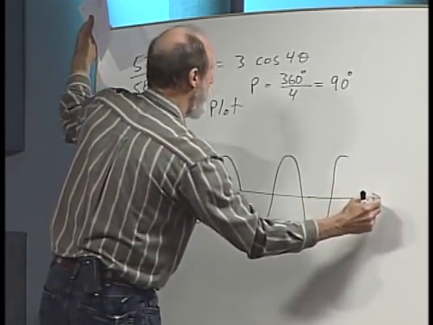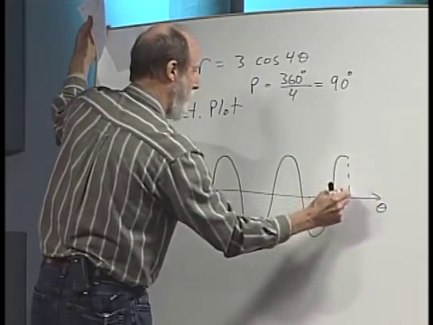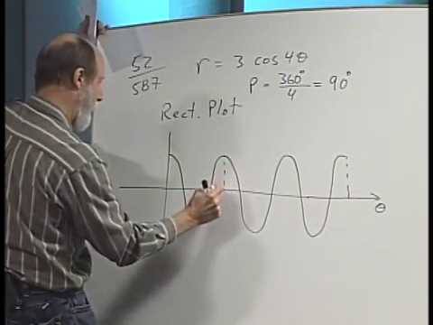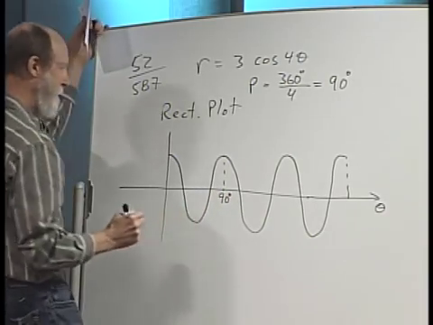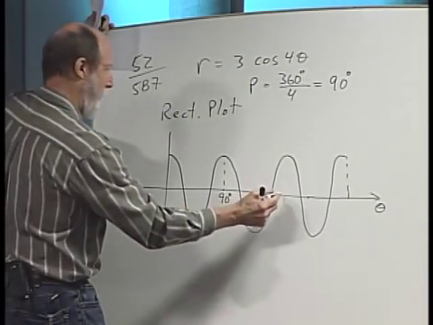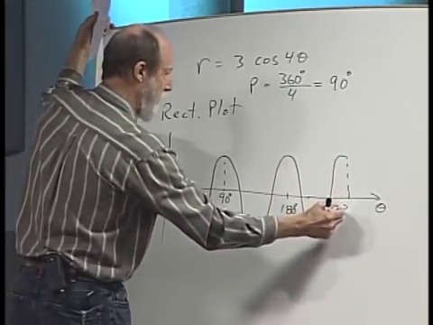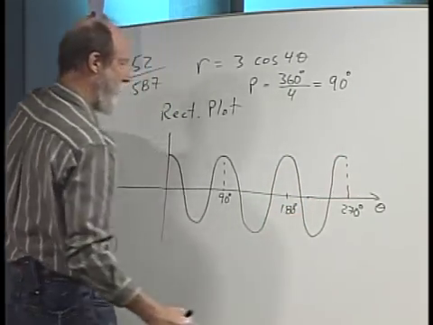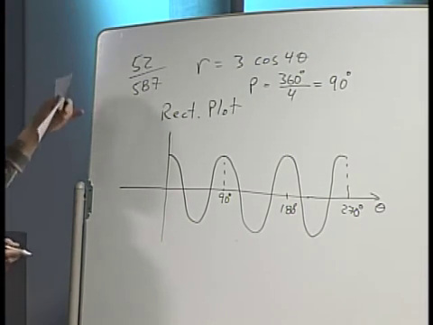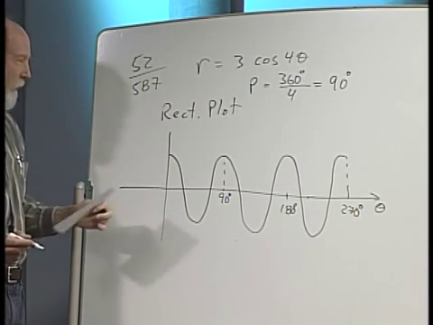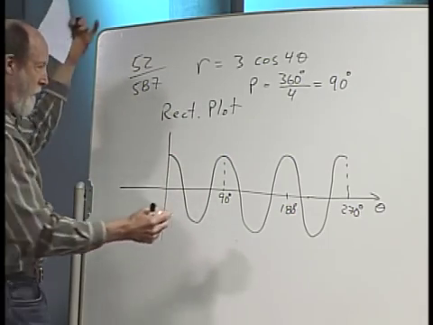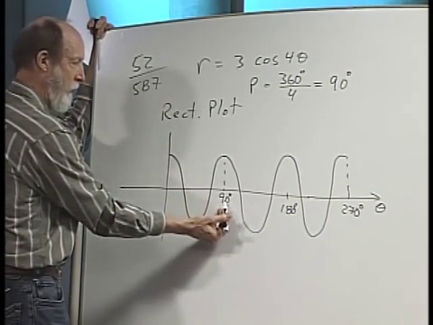And it could keep on going for theta. So there's 3 cycles. Now we know 1 cycle is 90 degrees. Another whole cycle would put us at 180 degrees. A third cycle would get us to 270 degrees. Feeling good?